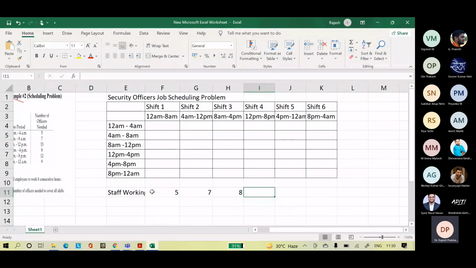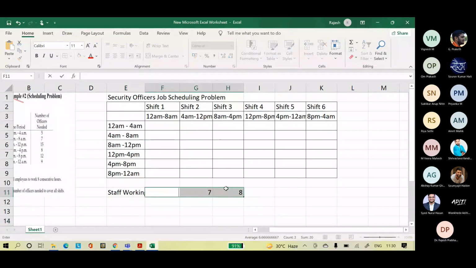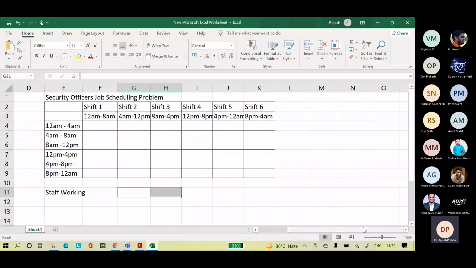So this is again something which we will calculate later. So converting this into the problem is the biggest one.